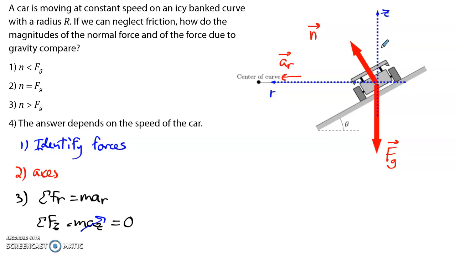What are the forces that are acting in here? We have N_z, the z component of the normal, minus Fg, and these two will need to be equal to 0. We can see this from the graph as well. If you take just the component on the z-axis of the normal, we know that this component of the normal must be equal in size to the force due to gravity, so that it will cancel it out.